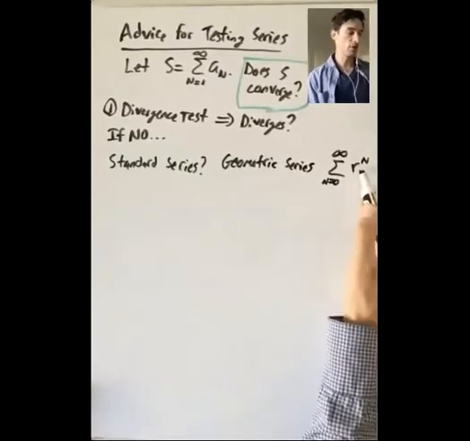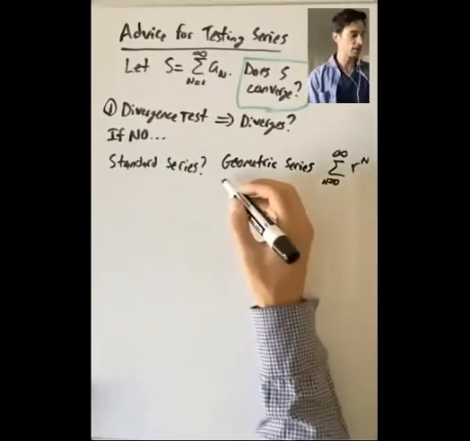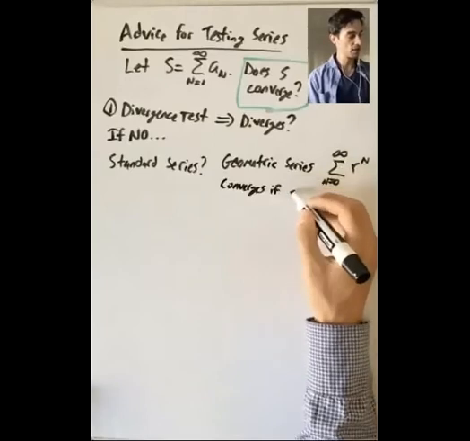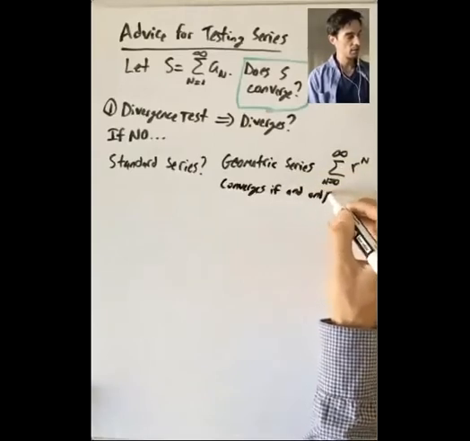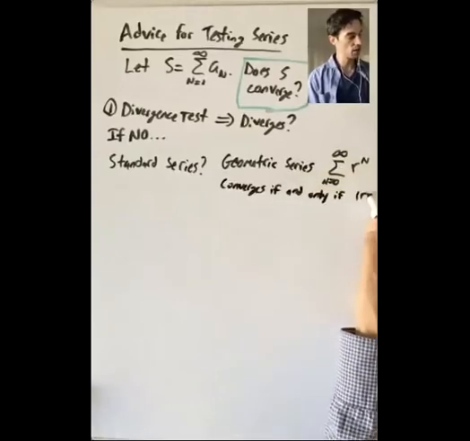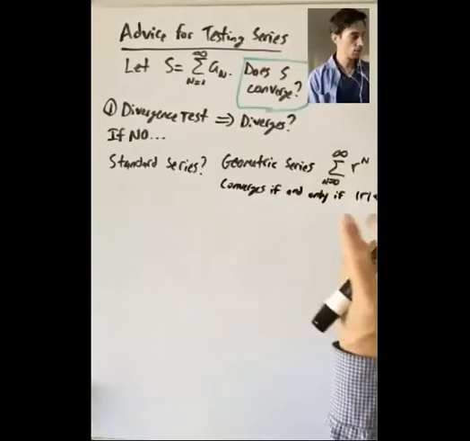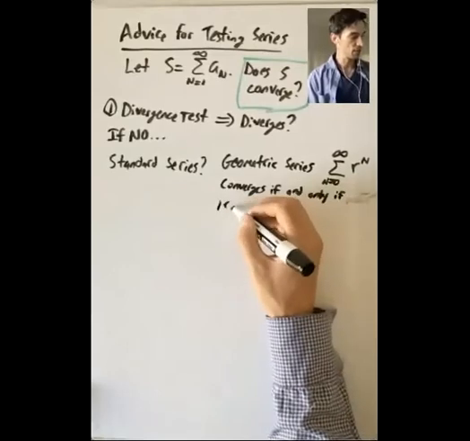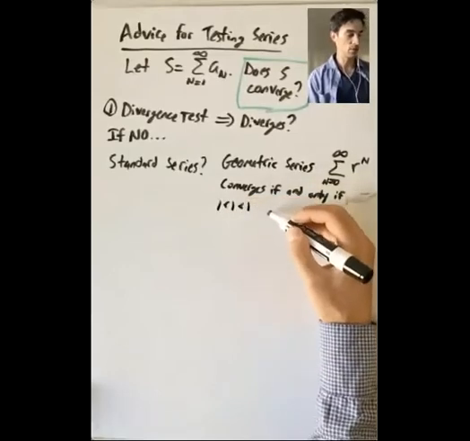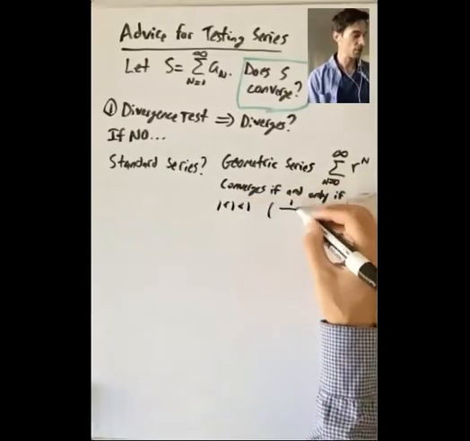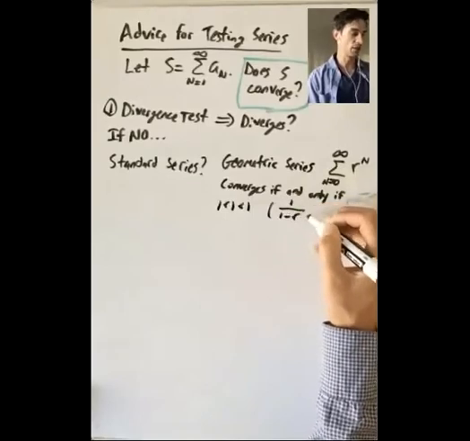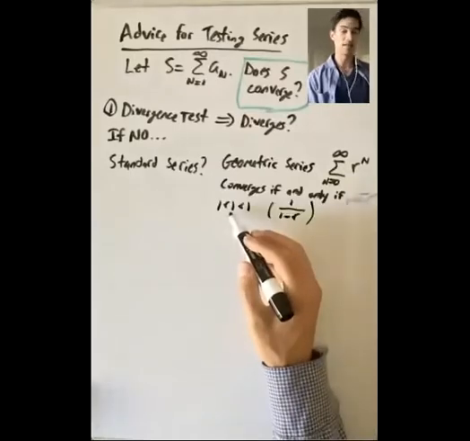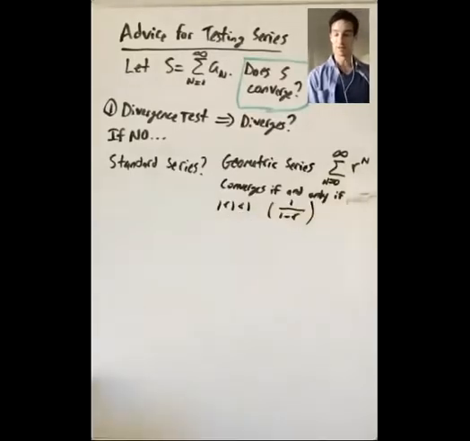So if we have a real number r, remember this geometric series converges if and only if the absolute value of r is less than 1, and in that case, we even know what it converges to. It converges to 1 over 1 minus r.